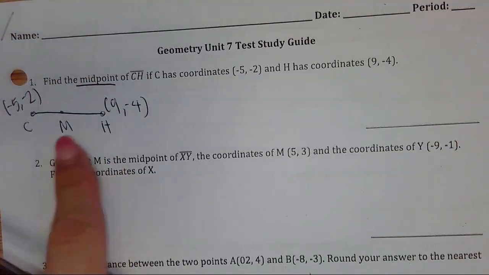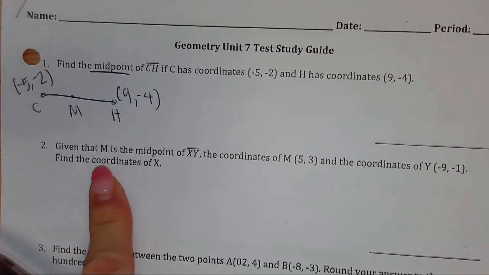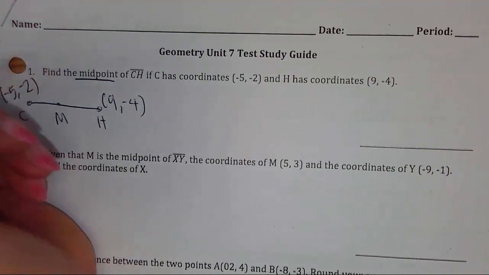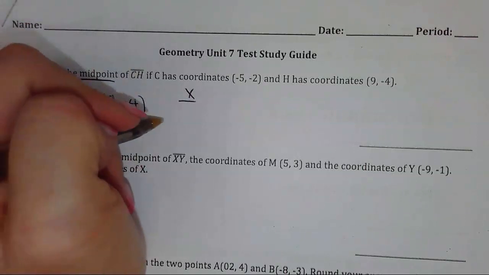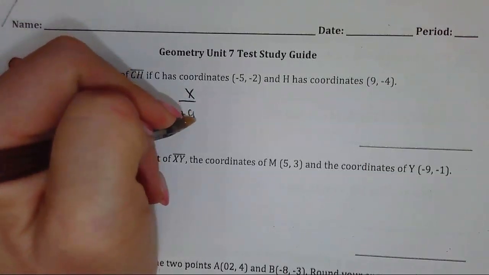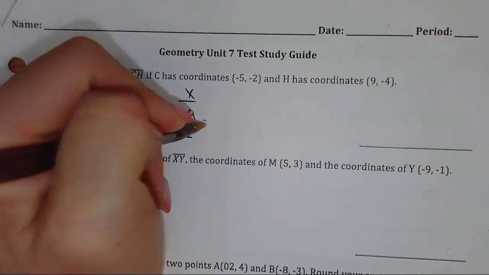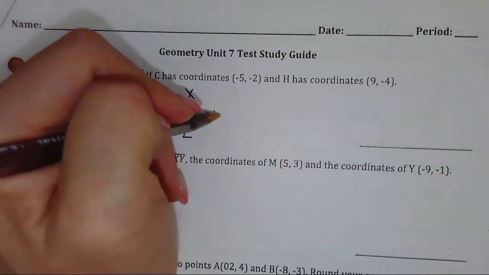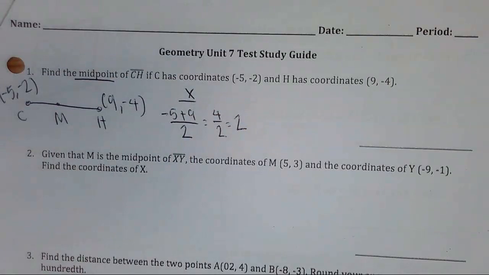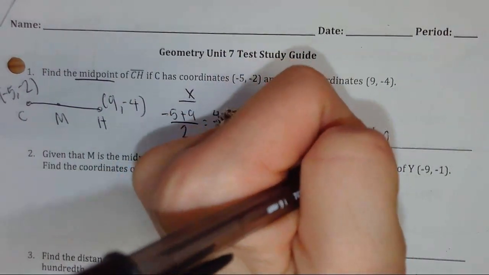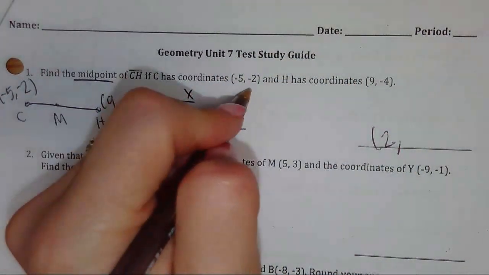Well, I'm finding my midpoint, so all I have to do is plug it into the formula. I'm going to take my two x values and find their midpoint first, which is -5 plus 9 over 2. -5 plus 9 is 4, divided by 2 gives me 2. So the x value of my midpoint is 2.